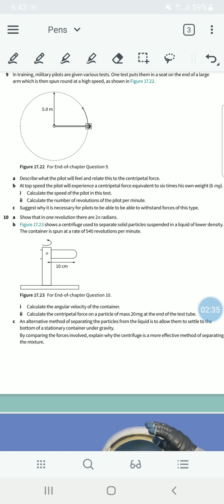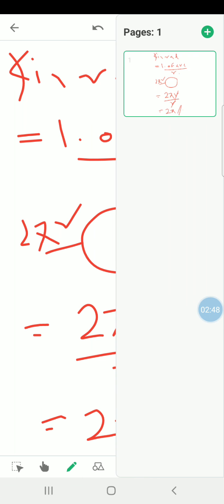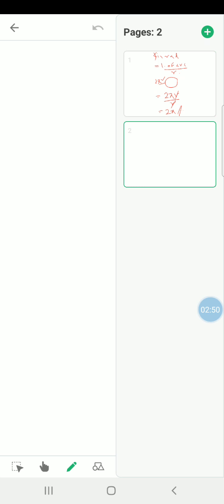So now you have to use the equation omega equals frequency into 2 pi. Let's do it here. Omega equals frequency into 2 pi.